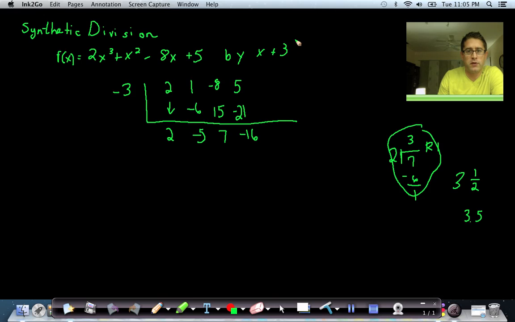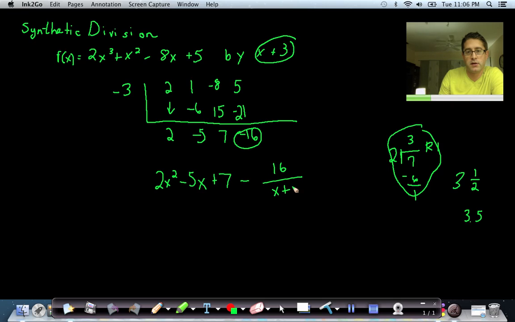-16. Well, the divisor was x plus 3, and this is my remainder. Well, watch as I write my answer. I'll write the original top term, which is going to be 2x squared minus 5x plus 7, and the remainder is going to be -16, over the divisor, which is x plus 3.